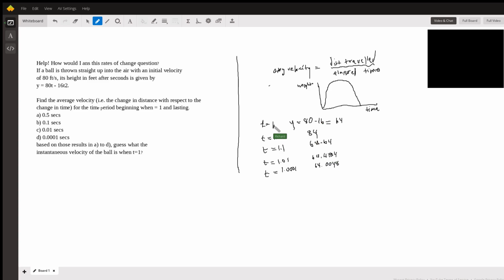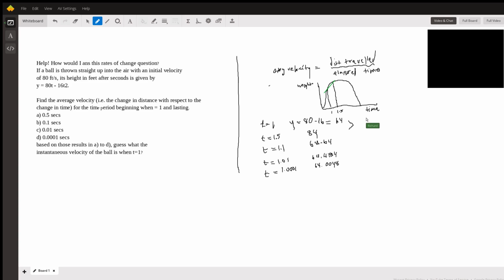If we look at the average velocity between 1 and 1.5, which is this pair here, you can imagine a point here at 1 and then another point at 1.5. And we would connect these two points with what's called the secant line. In order to find the average velocity, it's going to be change in y over change in x. It's just the same thing that we've always done in algebra.